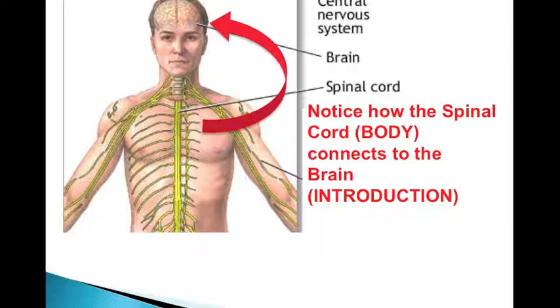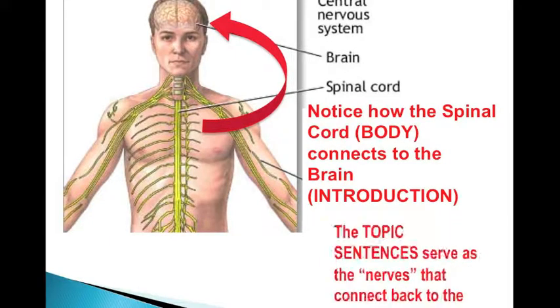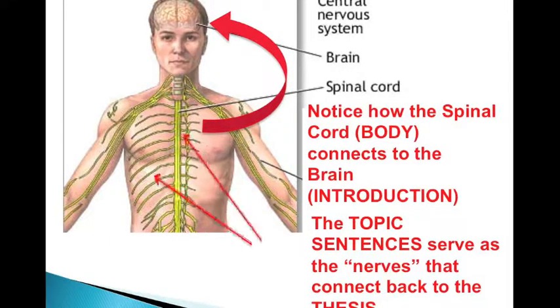So think about it like that. And the topic sentences, in a way, are like the nerves that connect back to the thesis through this spinal cord. So hopefully this visualization can help you recognize that the topic sentences introduce us to the important ideas, but that they should always go back to connect to that most important part, which is the brain.